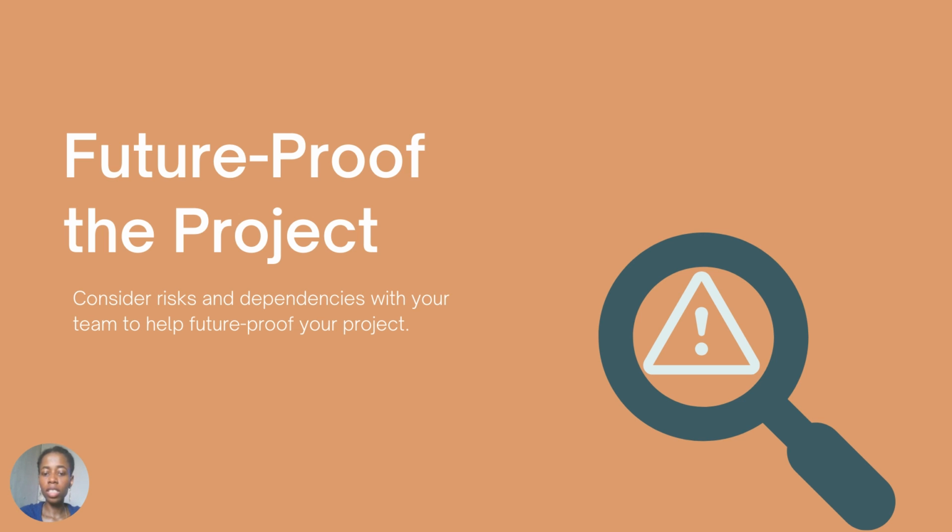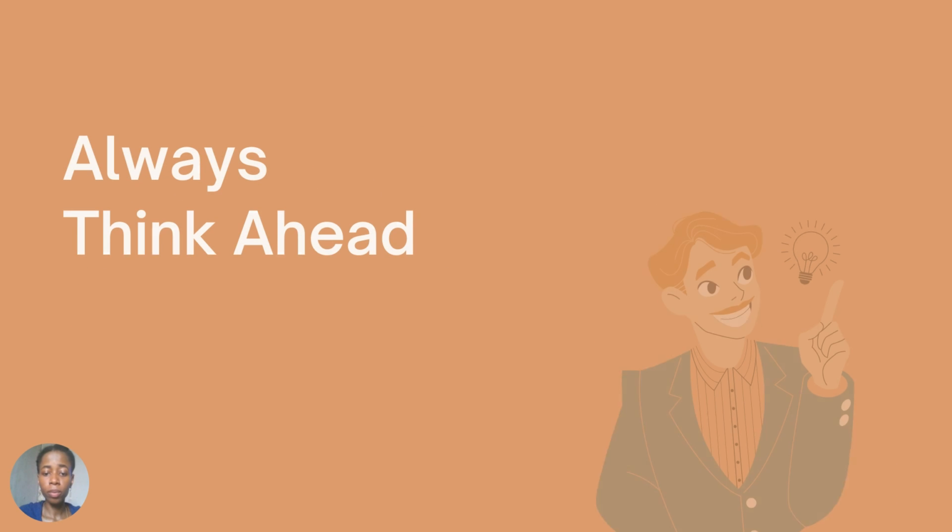That's one of the things where agile methodology comes into place, because with agile you're able to look at every deliverable at each sprint, and if there's a problem, you get to know it on time and you get to deal with it. So future proofing a project is really important, and it's one thing to take note of as a project manager.